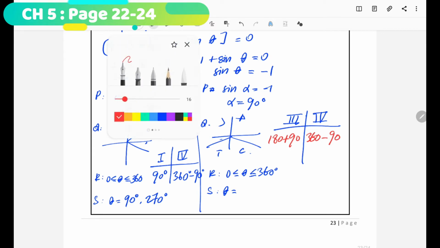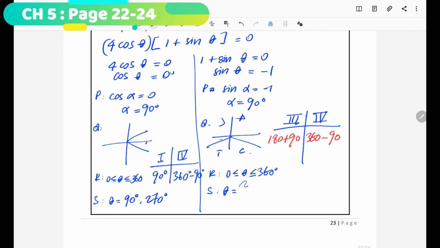Okay, so we'll get your theta answer will be 270 degrees. Dua-dua ni dapat jawapan 270, so tulis satu sahaja dekat sini. And then concludekan. Nampak tak ada dua jawapan yang sama. So, just concludekan the theta is equal to 90 degrees and 270 degrees.